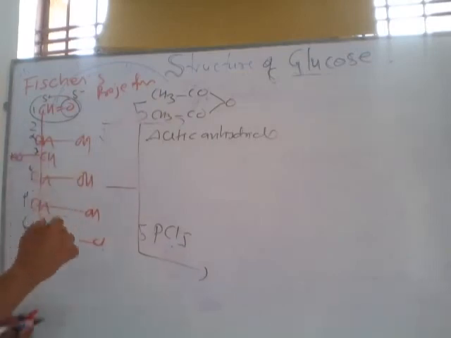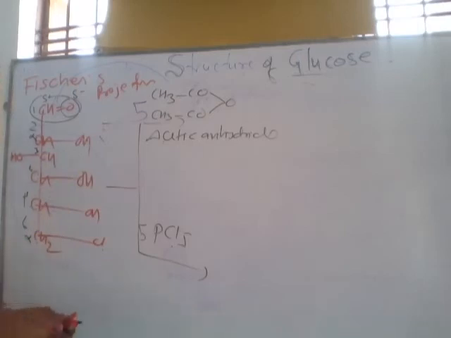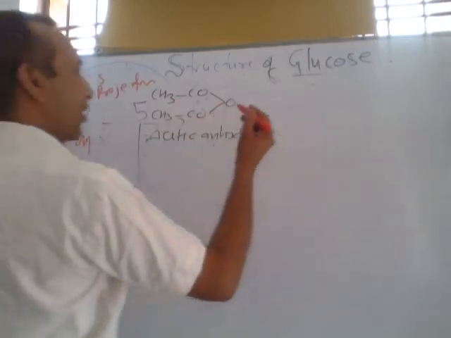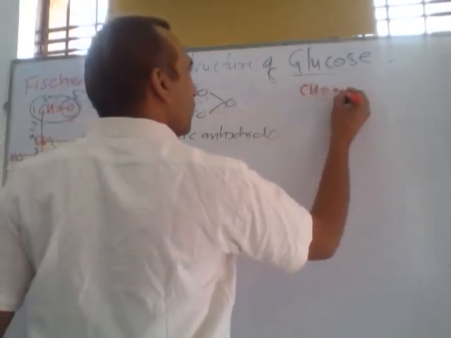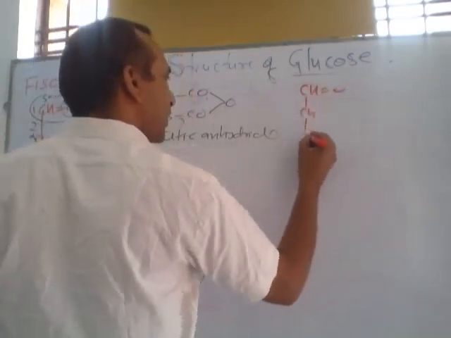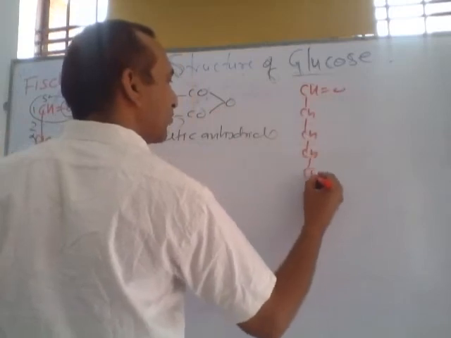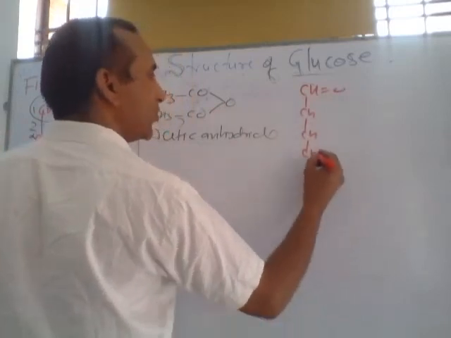So after the reaction, how can we remember the product? Listen. CH double bond O, and the remaining are CH. How many CH? 1, 2, 3, 4, 5, 6.